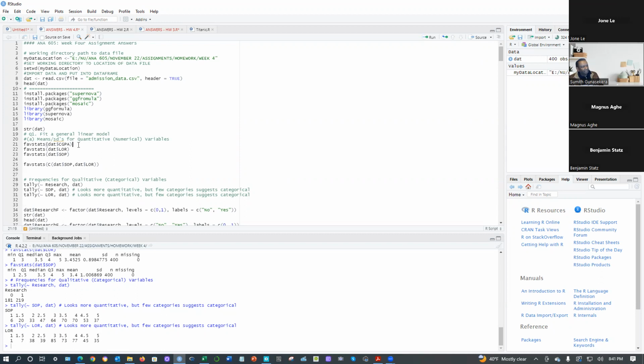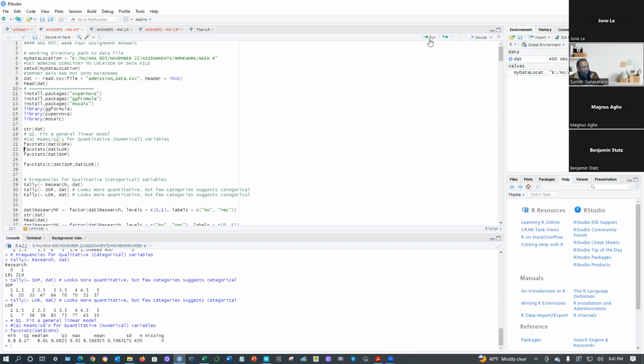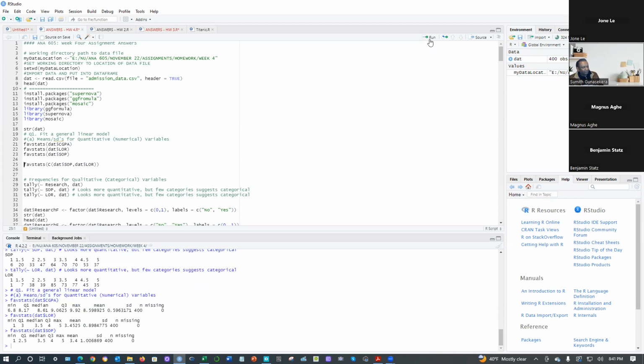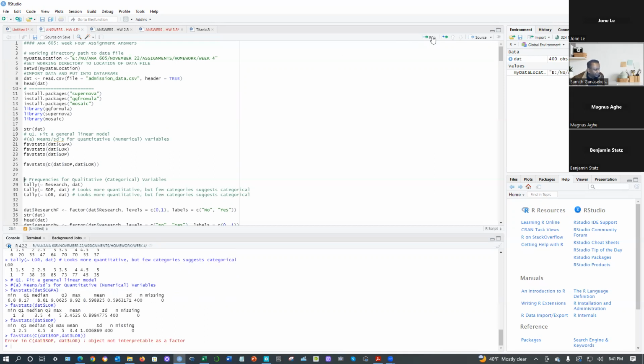The first time, I'm going to consider that one as quantitative. GPA for sure, quantitative. LOR and SOP, they both. That one we're done. Then favorite set. Oops, sorry.